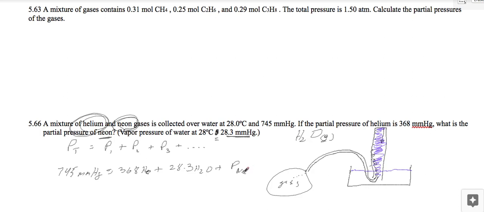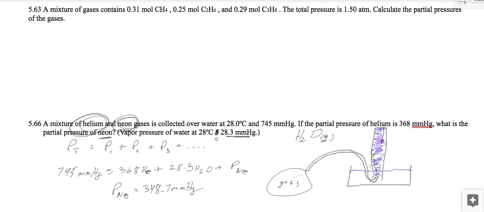And so we can just go through and do some subtracting here. We get the pressure of neon is equal to 348.7 millimeters of mercury. All right, so that's how you do a problem like that. Super easy once you get through all of the junk and you understand what the problem is asking you to do. All it is a sum of all of the different pieces.